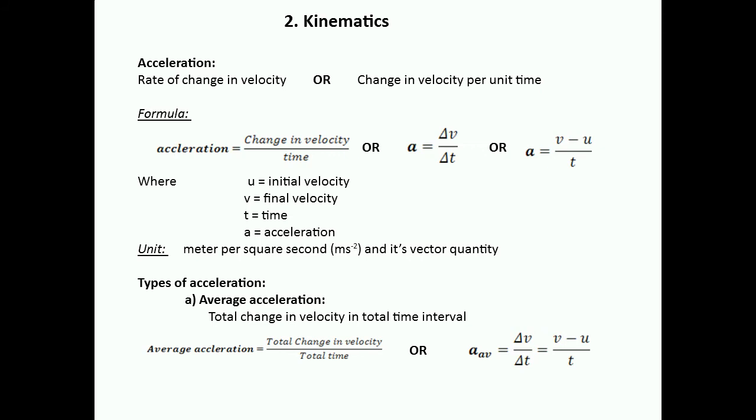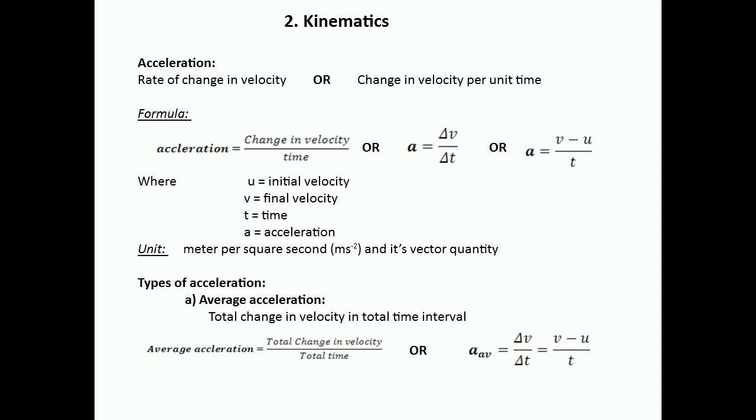If I give you questions in the papers and you see speed instead of velocity, do not get confused, because speed and velocity are the same. The only difference is that if we give speed plus direction, it becomes velocity. The unit of acceleration is meter per second square, and it is a vector quantity because it depends on velocity.